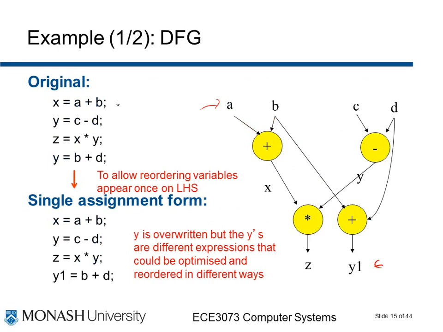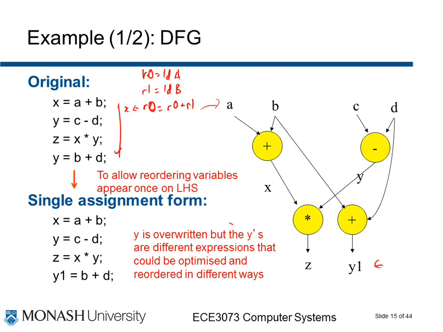So if I follow this code directly, I would say something like R0 is load A, R1 load B. Then I work out X, so R0 is equal to R0 plus R1. Note that I reuse R0, trying to be efficient. So if I remember roughly, R0 holds X.